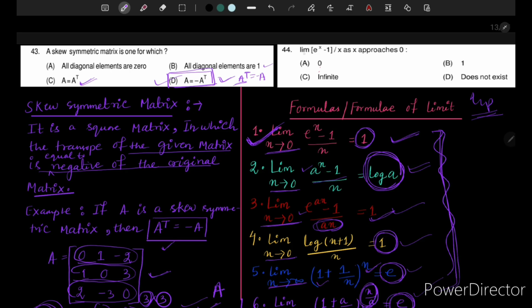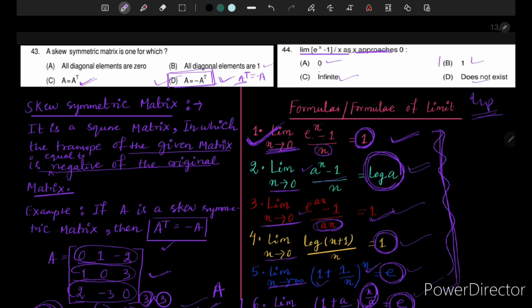You can see, limit e to the power x minus 1 divided by x when x approaches 0. When x tends to 0, the value is 1. Here you can see the options: option A equals 0, option B equals 1, option C equals infinity, and option D does not exist.